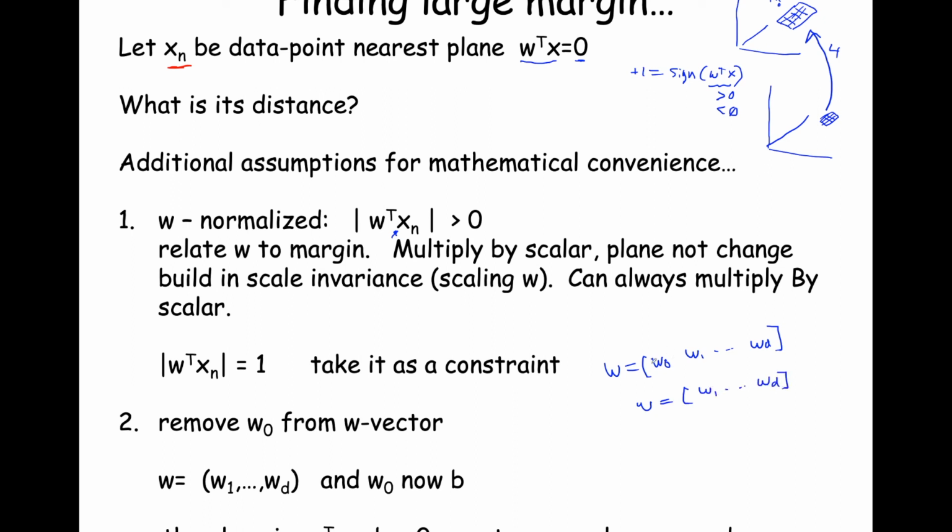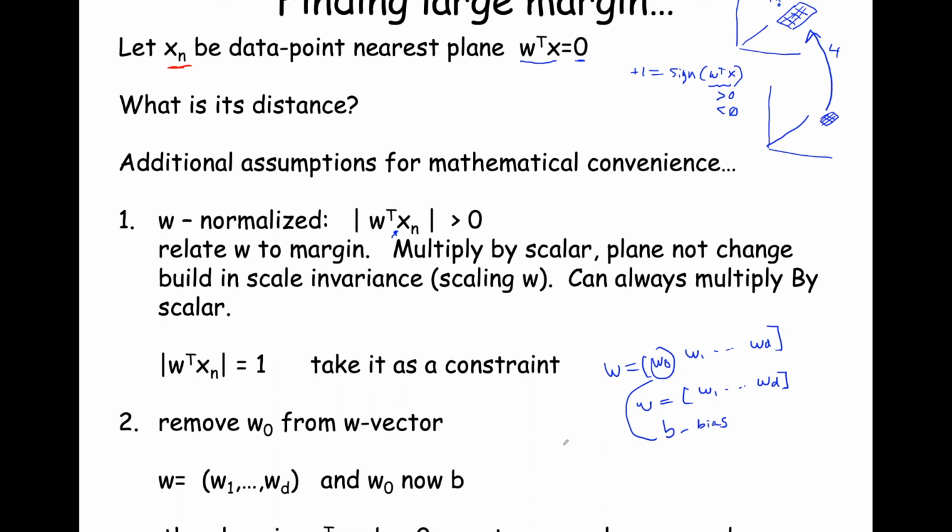So we're going to remove this W naught, and now we're going to call it our bias term, B. B stands for bias. So we're going to undo that mathematical nicety that we had when we talked about the perceptron learning rule.